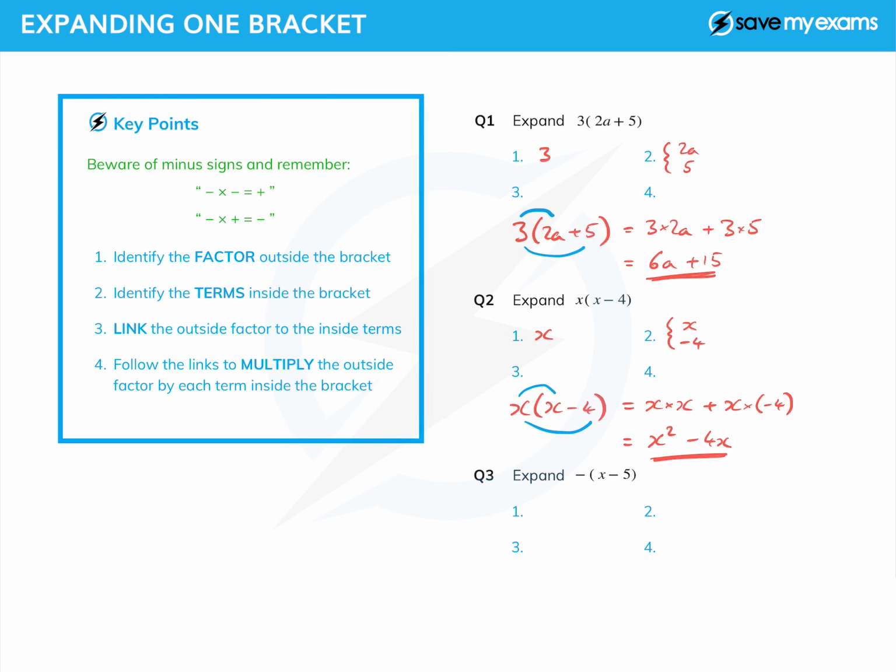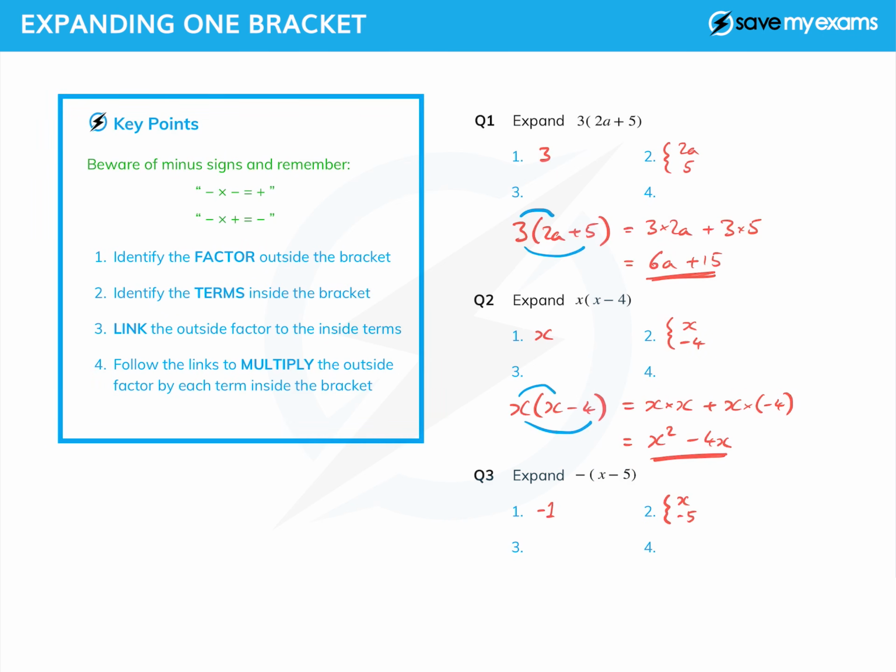And finally, let's do this one. First of all, identify the factor outside the bracket. Now this is one of those ones where we need to be a little bit careful. It just says minus. But of course that means minus 1 times. So this is minus 1. Okay, so having identified carefully the factor outside the bracket, inside the bracket I've got x and I've got minus 5. So again, let's write those two down, x and minus 5.